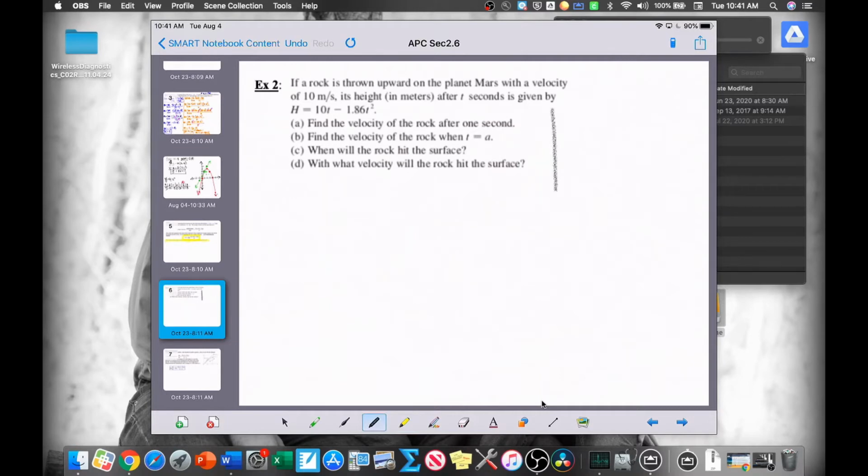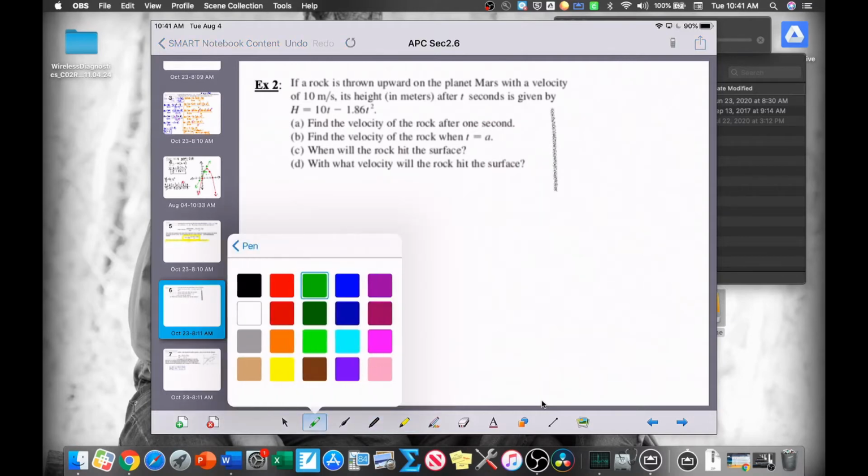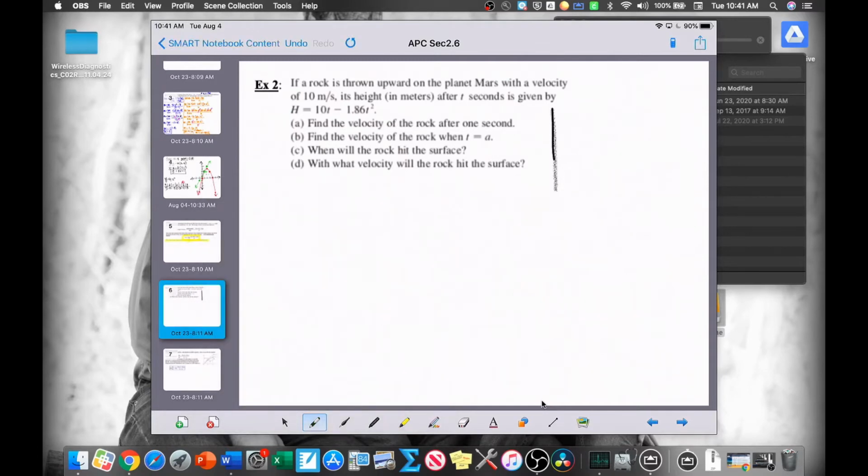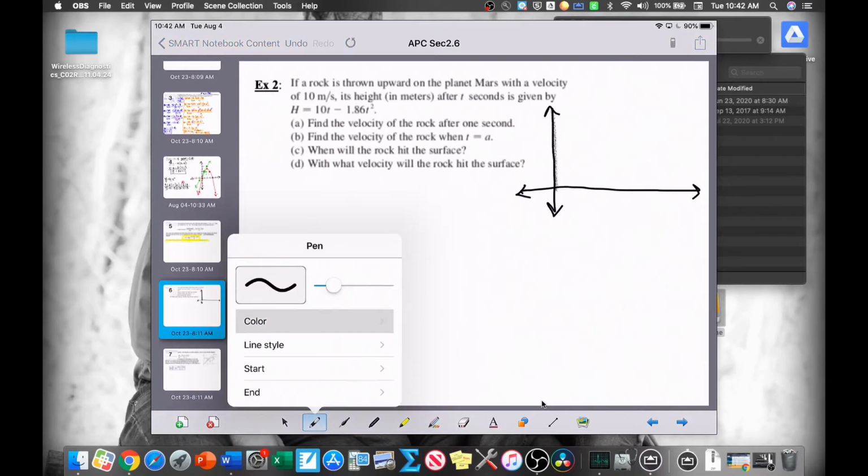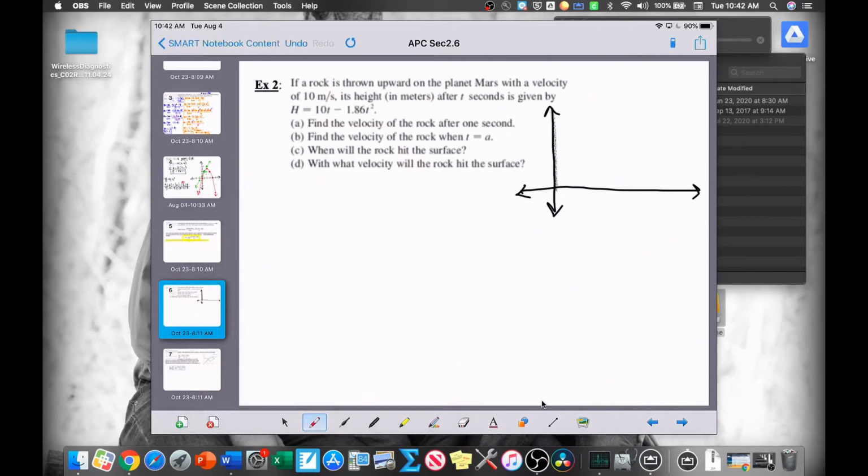If we are on Mars and we are throwing a rock upwards, first of all, our entire graph is going to be happening in the first quadrant. And whenever you throw something up and it comes back down, mathematically speaking, this makes a parabola shape. Sorry, that should be a perfect parabola.